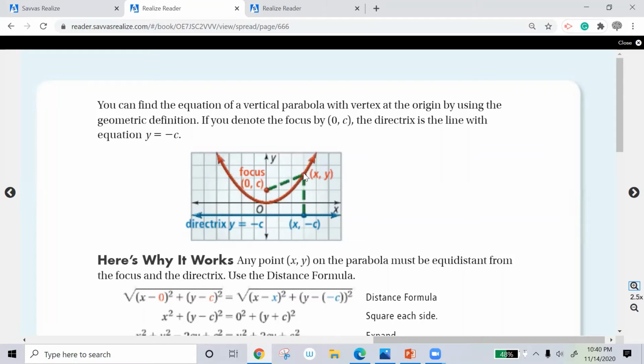We have equal distance from the focus to a point on the parabola and to the line of the directrix. So the directrix is y equals negative c. And we have the ordered pair x, negative c, wherein x will be 0 or another number. It depends on the given.